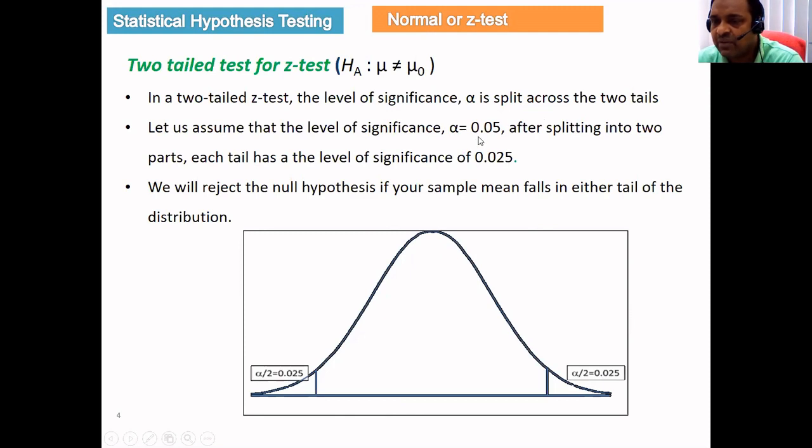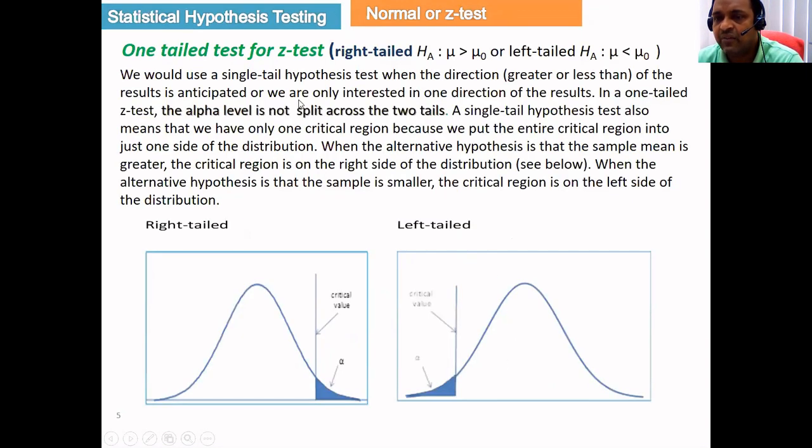That is, if you have a level of significance of 5%, that is 0.05, each tail will have 0.025 and 0.025. That is for the two-tail test. This is the rule: we have to divide the level of significance into two parts for a two-tail test. And for the one-tail test, it may be right tail or left tail.